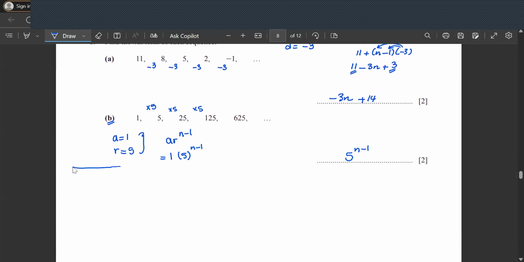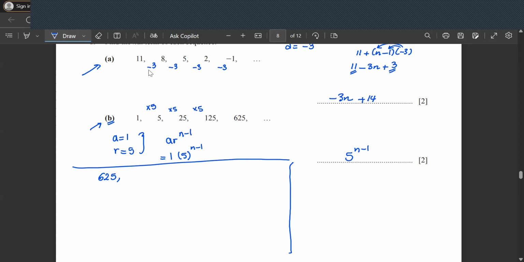Can I write a question here? Miss, what's the difference between A and B? Here it is an arithmetic sequence.